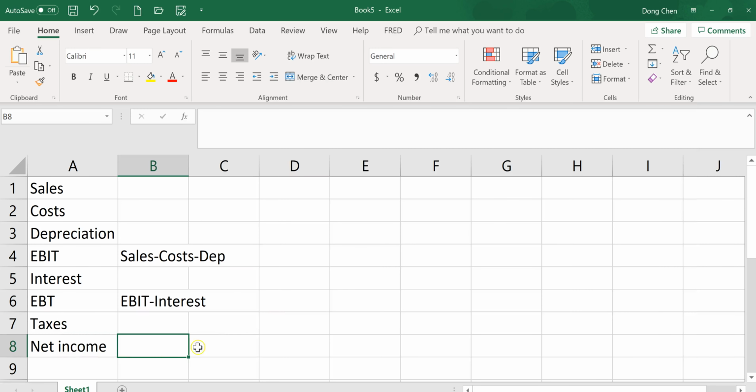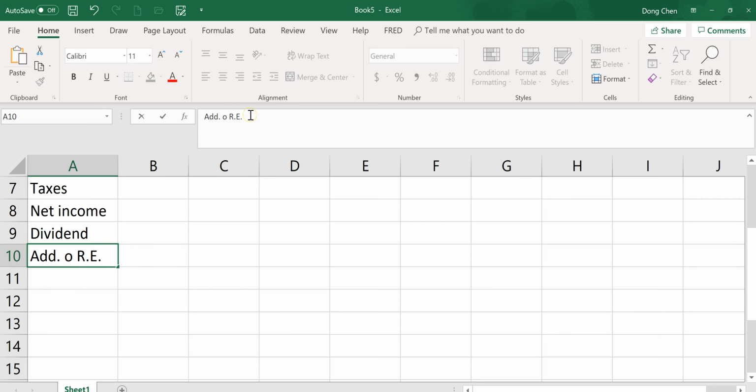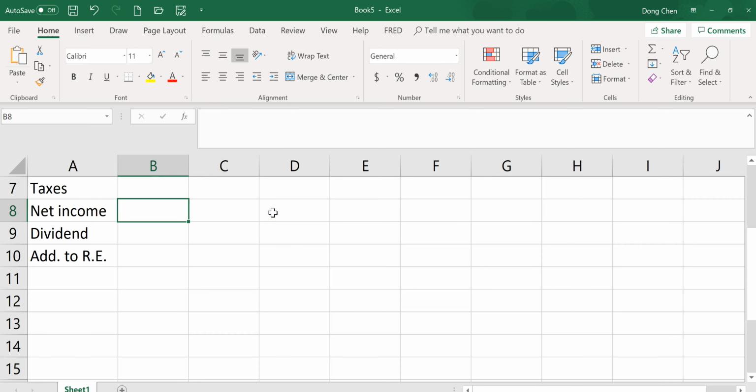And finally, from net income, we can have dividend and addition to retained earnings. Net income is simply the dividend plus addition to retained earnings.